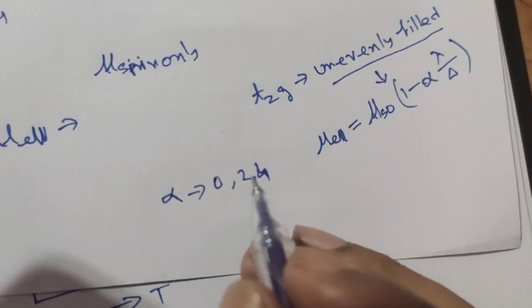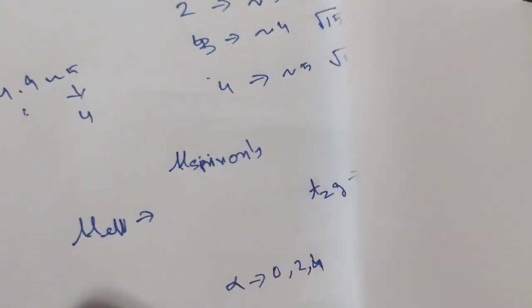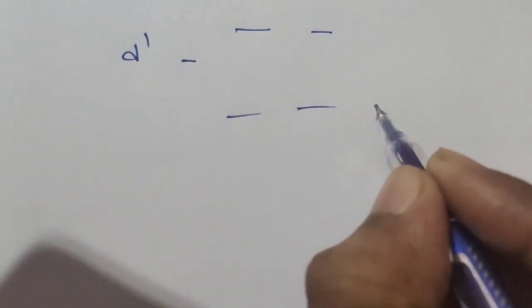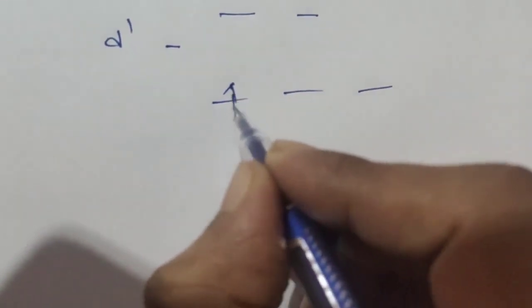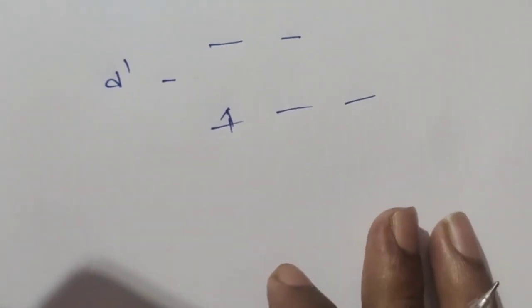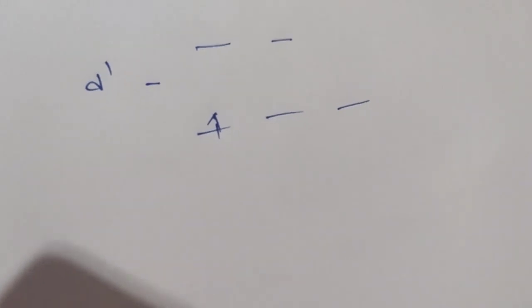Let me tell you how it happens. For a D1 system, if we write the electronic distribution, it will be like this one. Since this is unevenly filled, there will be some contribution and we need to apply this formula.